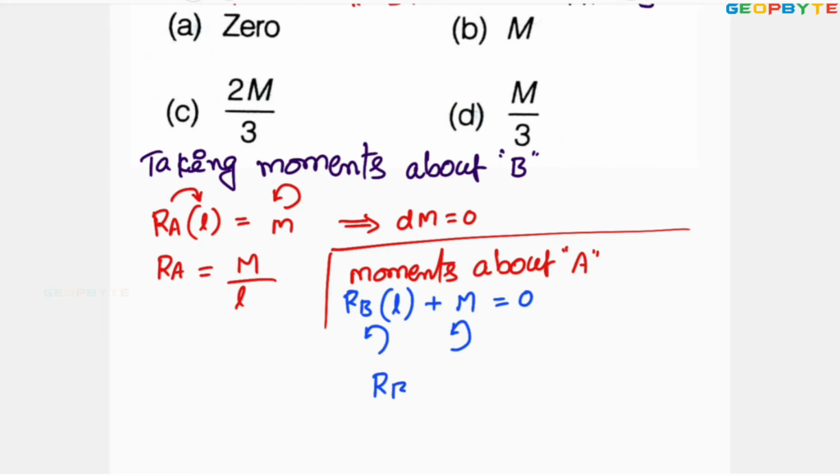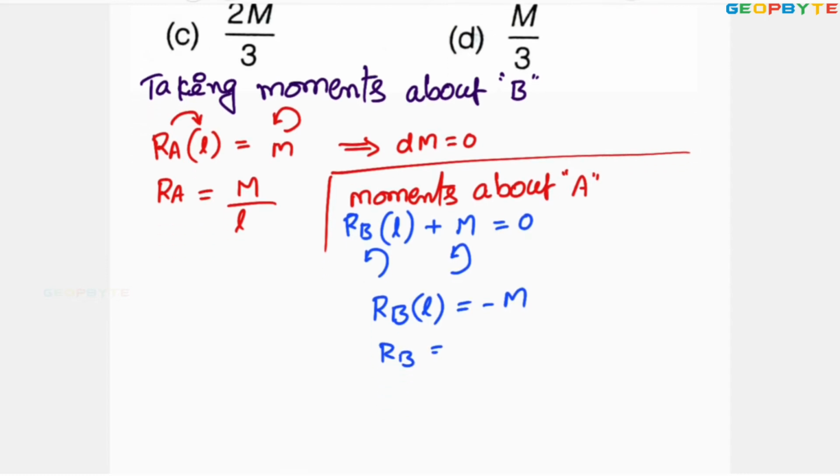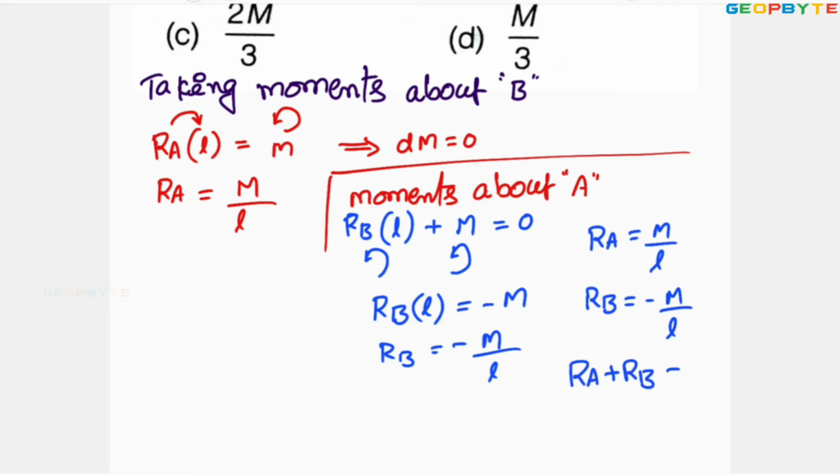From this, RB into L must be equal to minus M. Therefore, RB equal to minus M by L. So you got RA equal to M by L, RB equal to minus M by L. Even if you add these two, RA plus RB must be equal to 0, because plus M by L minus M by L equal to 0. That means sum of the reactions is 0, sum of the moments is 0.